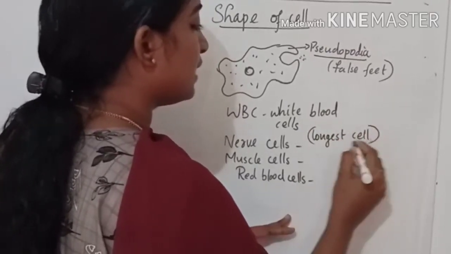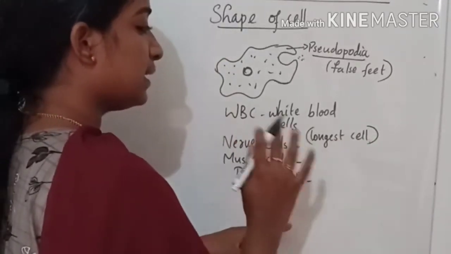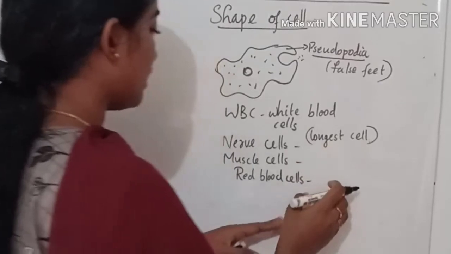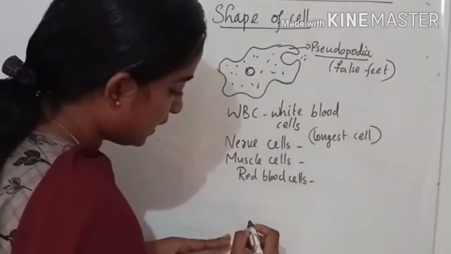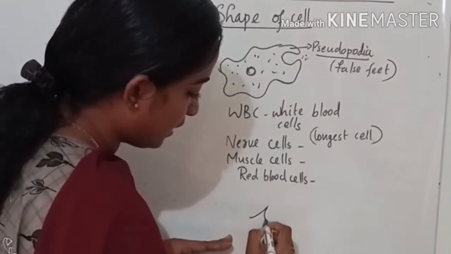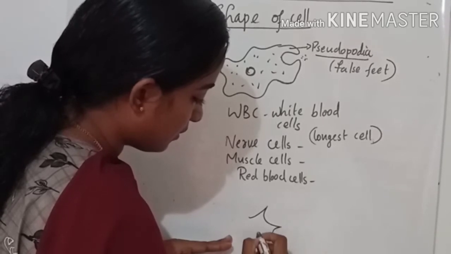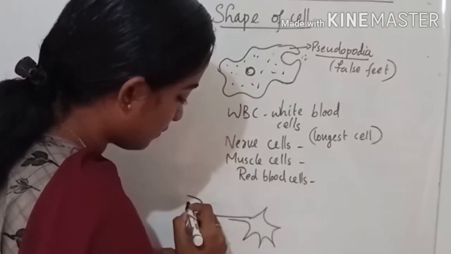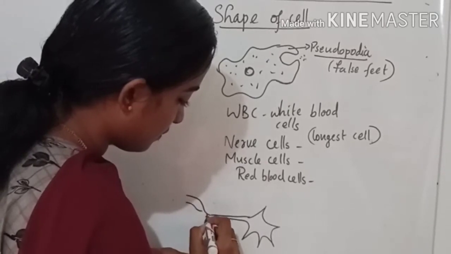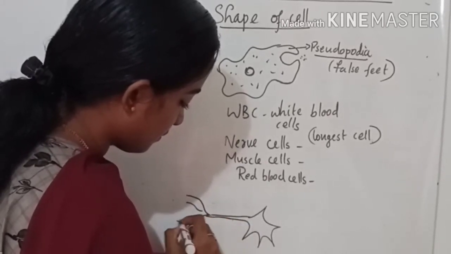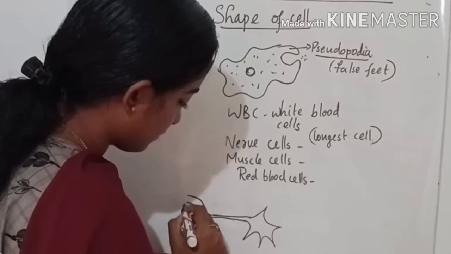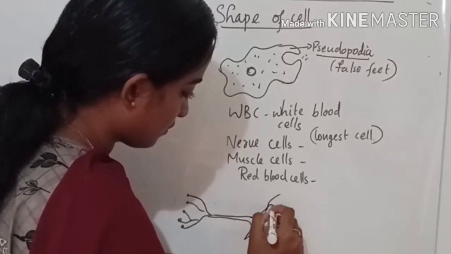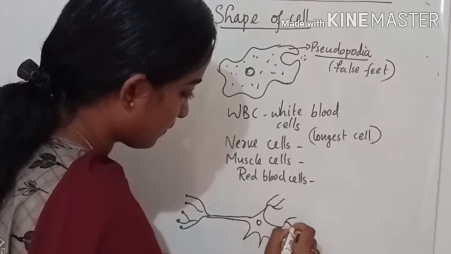Okay, so nerve cells are the longest cells in our body, and I will draw the structure of the nerve cell.